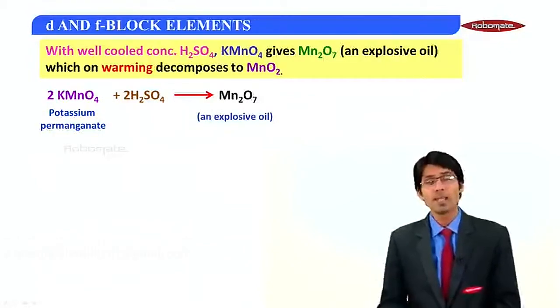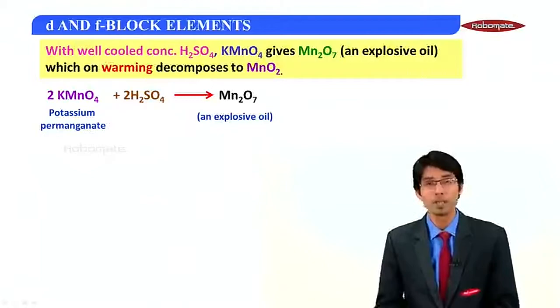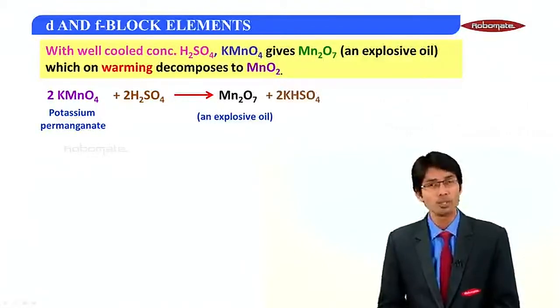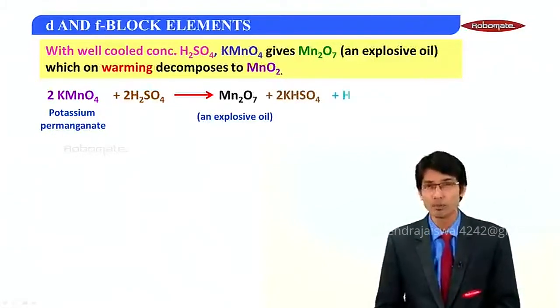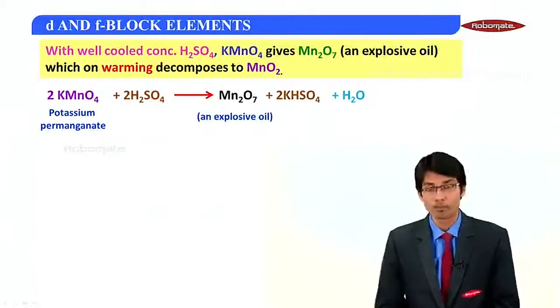It is called dimanganese heptoxide, or I can simply say that it is Mn2O7. The alkali metal, which forms bisulfate or hydrogen sulfate, can be written as KHSO4, and also because it's a mineral acid, in mineral acid the byproduct is always water.